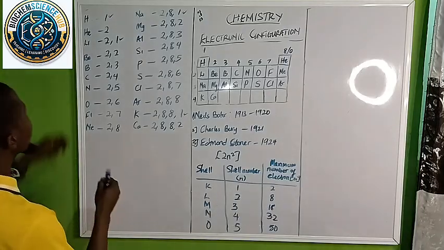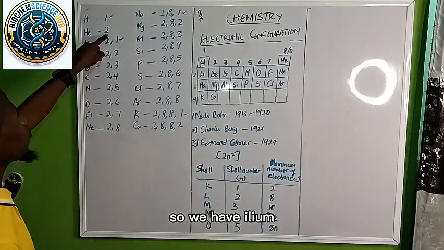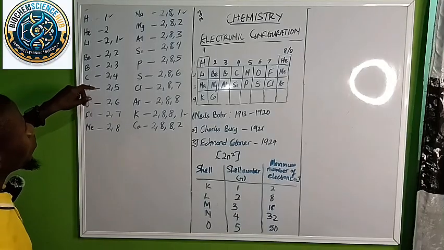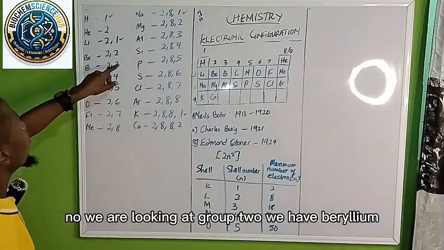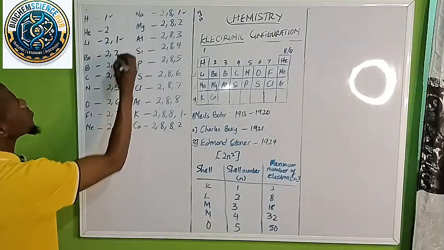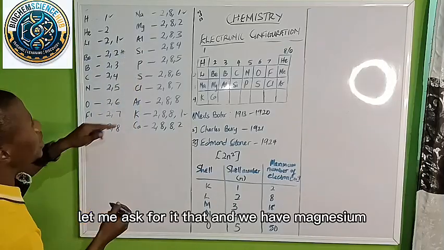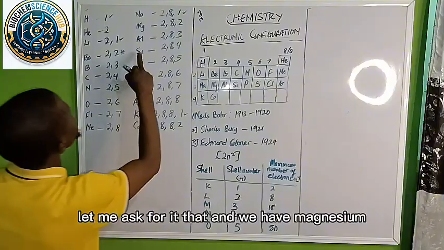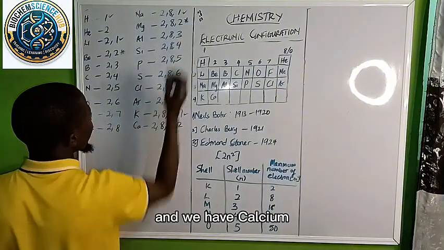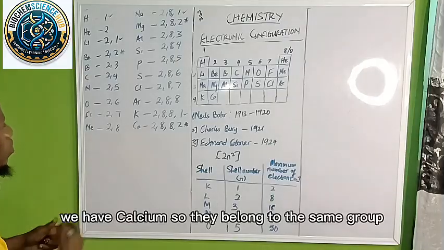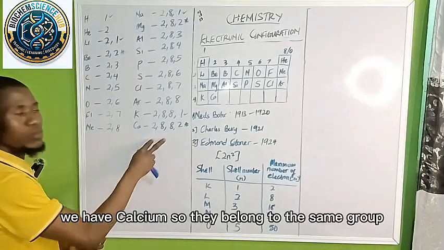We have beryllium, and we have magnesium, and we have calcium. So they belong to the same group.